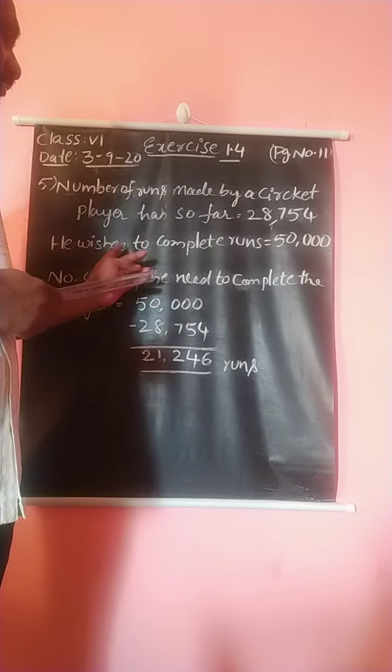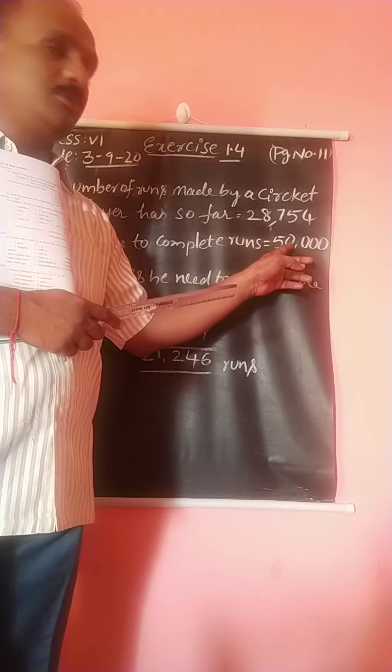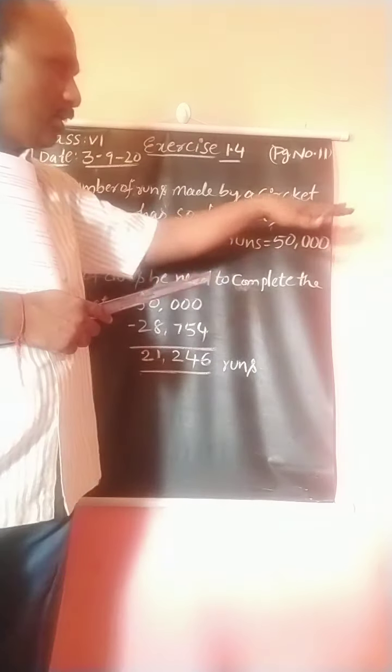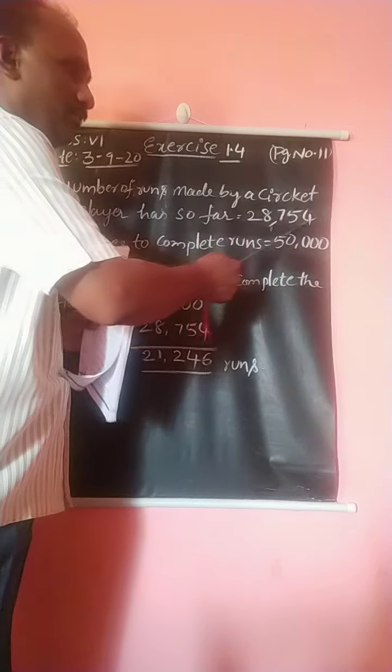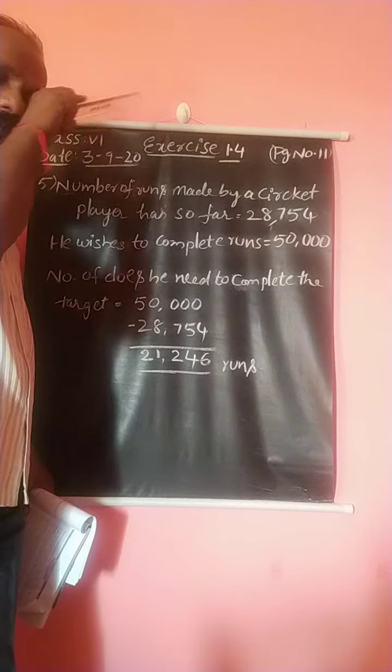But he wishes to complete 50,000 runs. That means his target is 50,000 runs. So far, how many are finished? 28,754. So how many runs does he still need to complete that target?